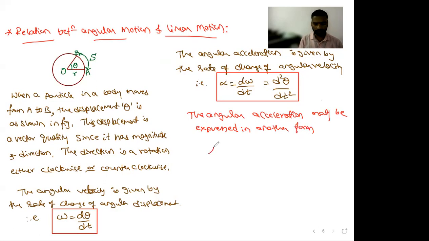That is, alpha is equal to, what is alpha? d omega divided by dt. Okay, so this can be written as d omega divided by d theta into d theta divided by dt.